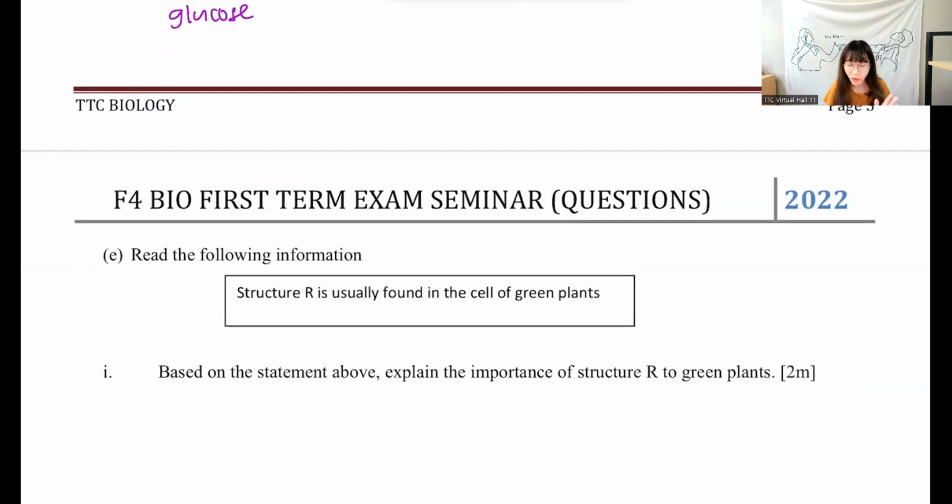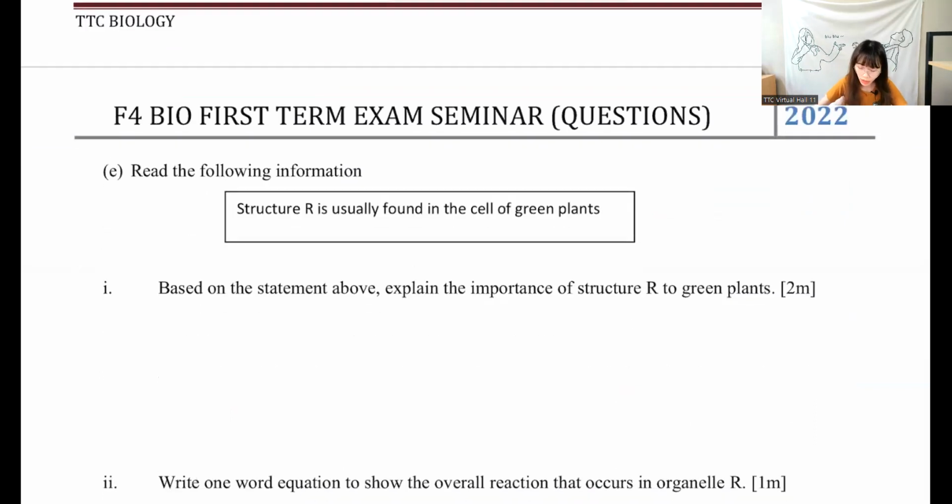This green pigment, chlorophyll, will trap sunlight and convert the light energy into chemical energy during photosynthesis. That's why structure R, which is chloroplast, is important to the plant. Trap sunlight to carry out photosynthesis, correct. So you can write: R is chloroplast.